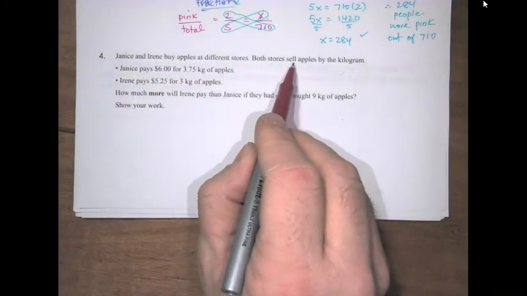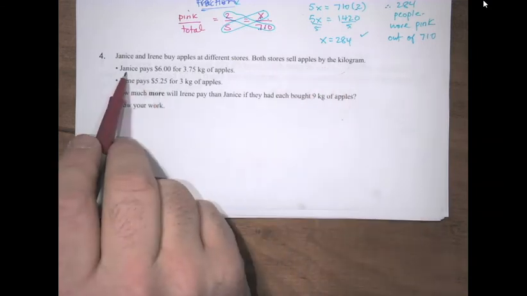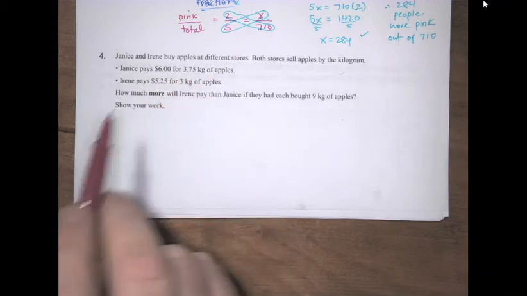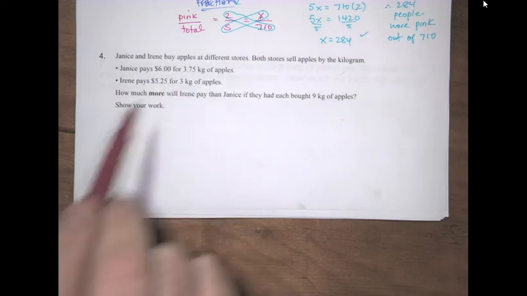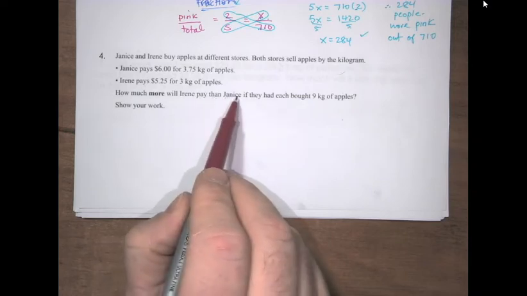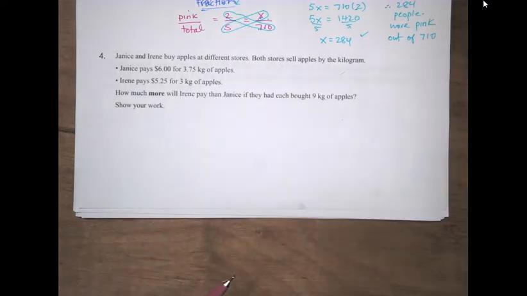Both stores sell apples by the kilogram. All right, so by the weight. Janice pays $6 for 3.75 kilograms. Irene pays $5.25 for 3 kilograms. How much more will Irene pay than Janice if they each bought 9 kilograms of apples? Show your work. Lots of different things going on.